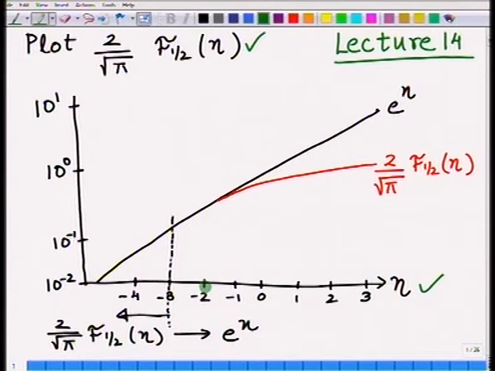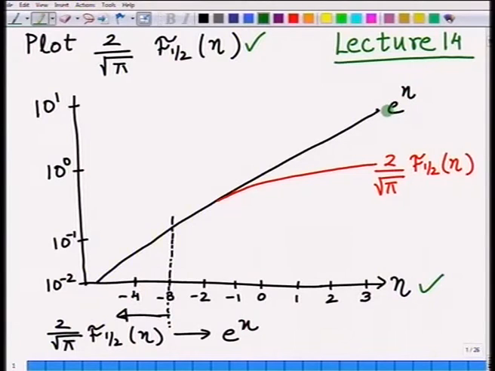In fact, you could pick this approximation at minus 2 also, or maybe minus 1, depending on how good an approximation you want. So, if eta is less than minus 3, this Fermi Dirac integral could be approximated as e to the power eta. All right, so now we continue from here.